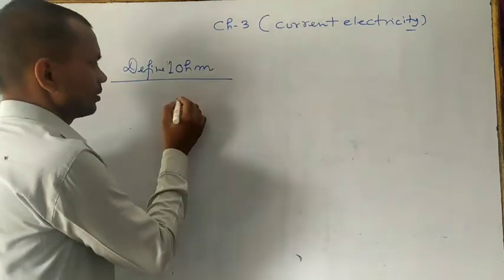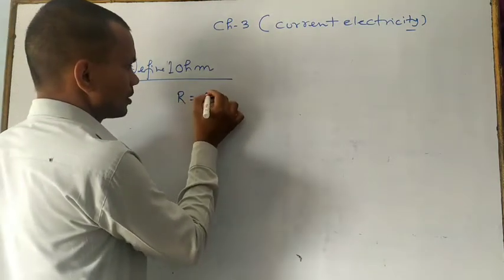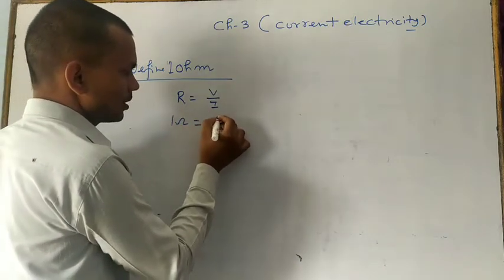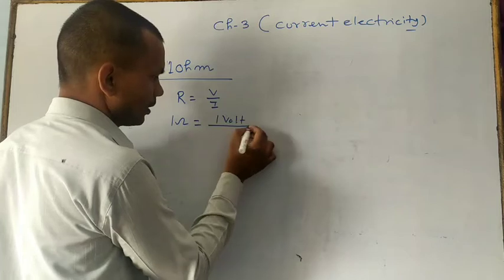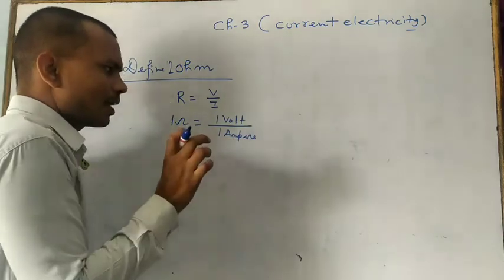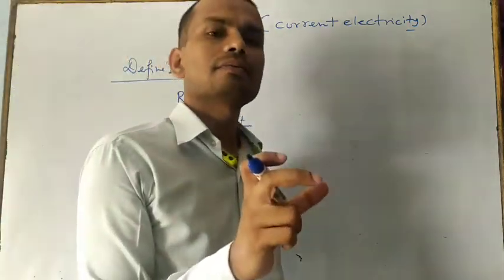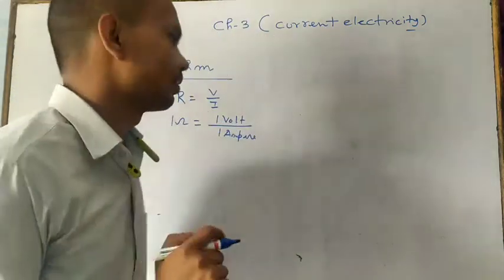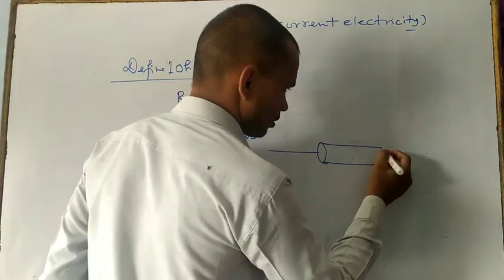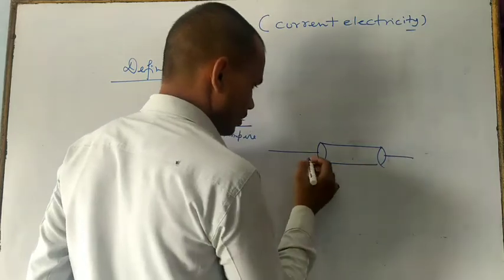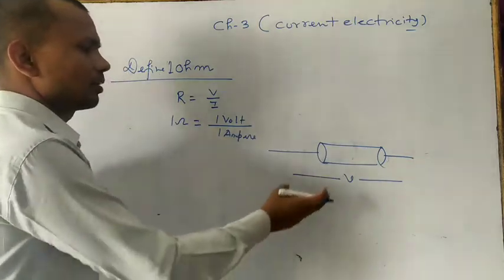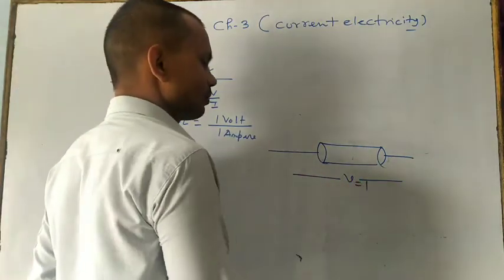By Ohm's law we know that R is equal to V by I. It means R is 1 ohm if the potential difference is 1 volt and the current is 1 ampere. That is, on applying 1 volt potential difference across the ends of a conductor. Suppose this is one conductor, and across both ends of this conductor we apply a potential difference V equal to 1 volt.